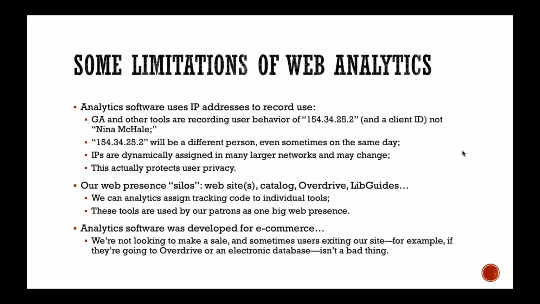That is one limitation to how web analytics would work across all of these different tools that we tend to think of as one web presence, but they are individual silos since they are technically different domains. For example, I have library.rrcc.edu as our website, but our catalog is hosted somewhere else, so it has a slightly different URL.